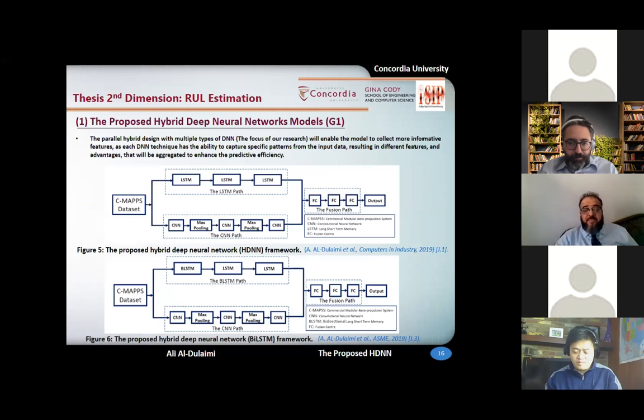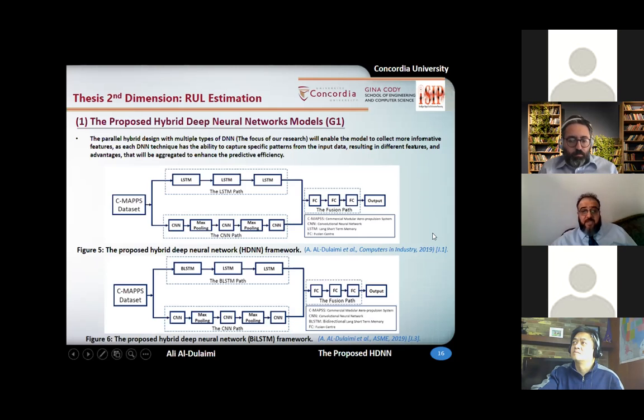The first group, which is the proposed hybrid deep neural network models, the parallel hybrid design with multiple types of deep neural networks will enable the model to collect more informative features, as each deep neural network technique has the ability to capture a specific pattern from the input data, resulting in different features and advantages that will aggregate to form the desired output and enhance the predictive efficiency.